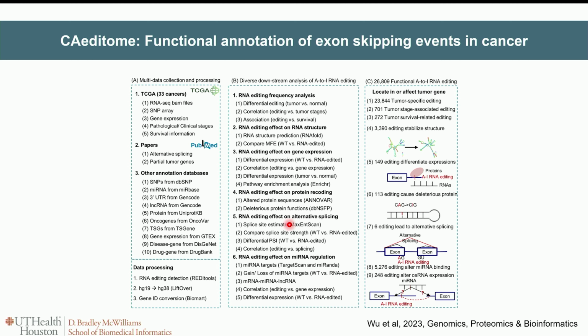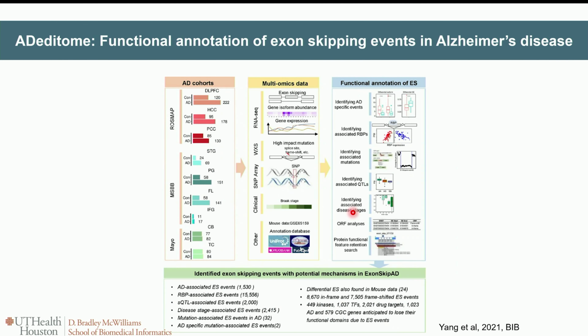Alternative splicing sites can also sometimes be created by RNA editing events. We also investigated RNA editing events in Alzheimer's disease, and recently published one paper on RNA editing events in Parkinson's disease.